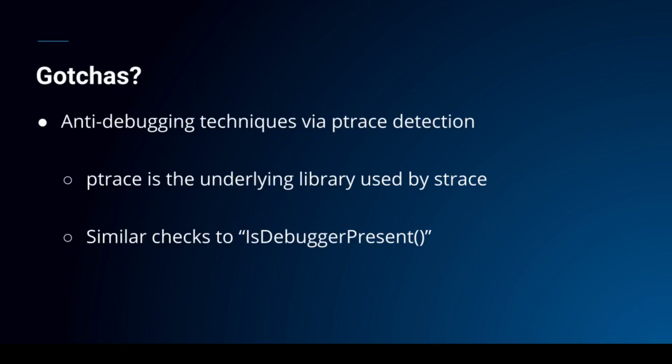One key point that I haven't touched on yet is anti-debugging techniques that you may find in Linux or Unix malware to detect if they're being traced or not. Those coming from the Windows world might be familiar with the good old Win32 API call IsDebuggerPresent. A very similar type of check can be done to see if the current program is being traced by the underlying ptrace library. The ptrace library is used by strace to do all of the inspection of the syscalls.